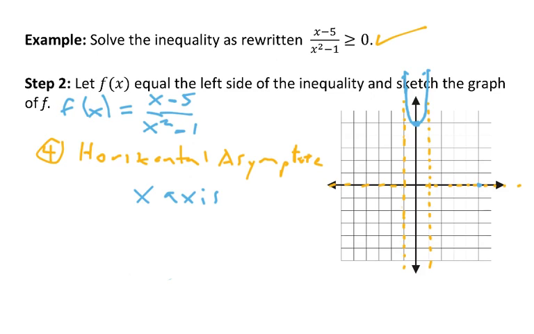So if the branch I've already drawn is approaching positive infinity, then the branch to the left side of that vertical asymptote must be approaching negative infinity, turning and approaching the horizontal asymptote. So that branch will have to look something like this.